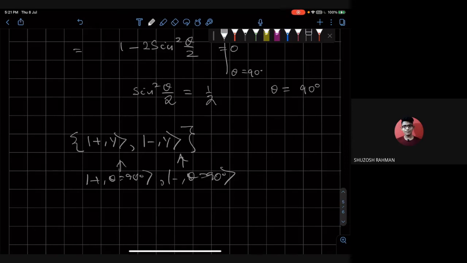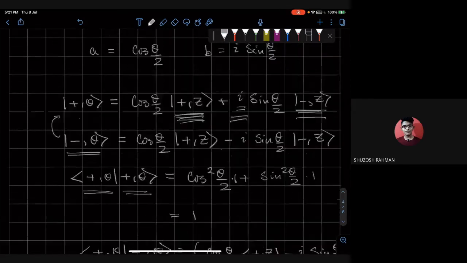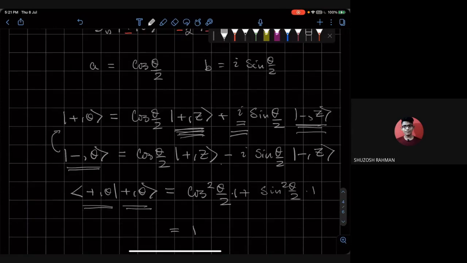All right, so these two states are not going to be in general part of an orthonormal set, but only for a specific value of theta are they going to be orthonormal. Okay.